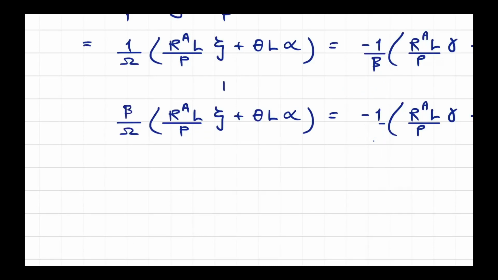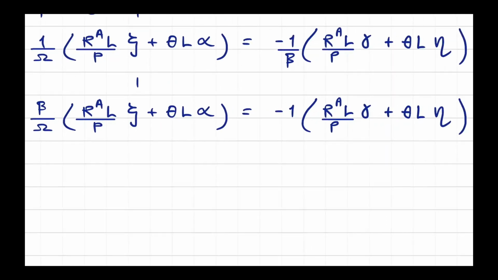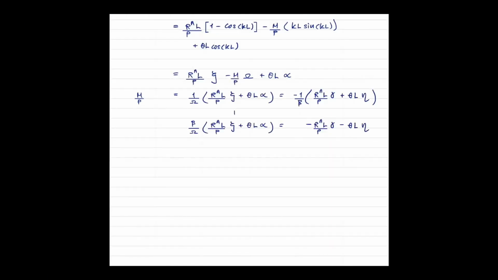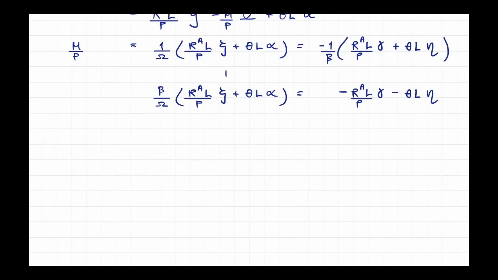You have -1 there. Okay. So -1 will be there and there. Then we distribute those terms. What should we move? Okay.